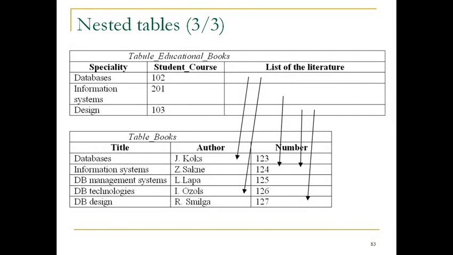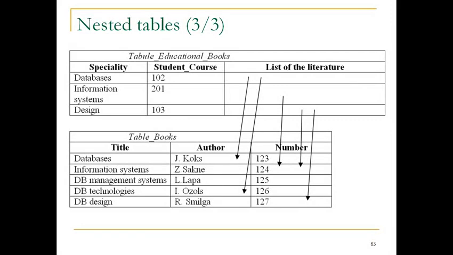And these cells could have one or some rows from the table books. For example, the course information systems and design would have the book information systems added.